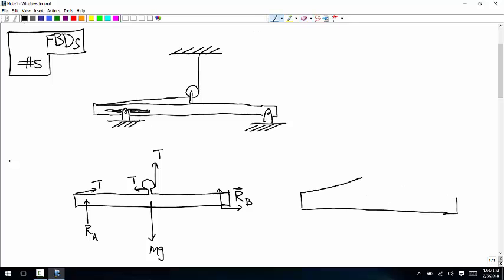Okay, so include the cable, or even, you could think about it like this. So that part of the cable is part of the body you're isolating. Then you have the weight force, the force over here, the force R_A.